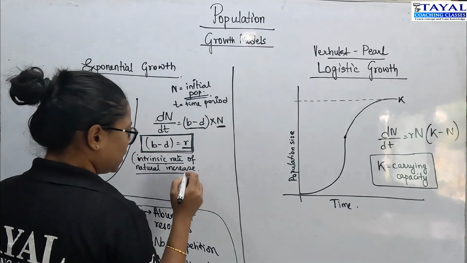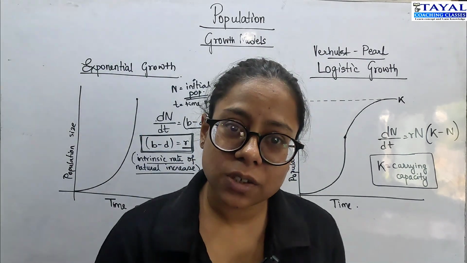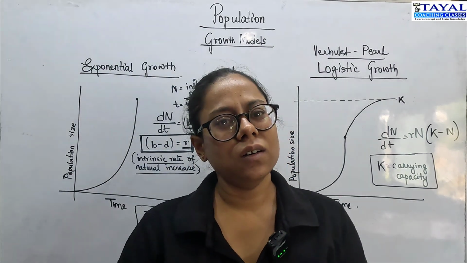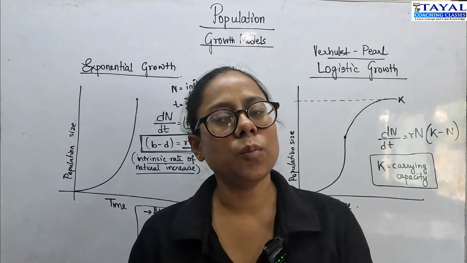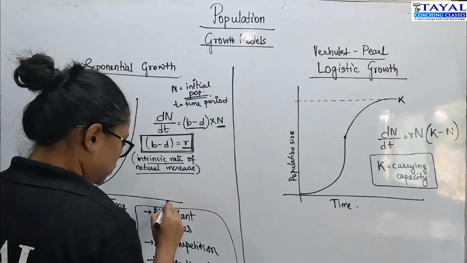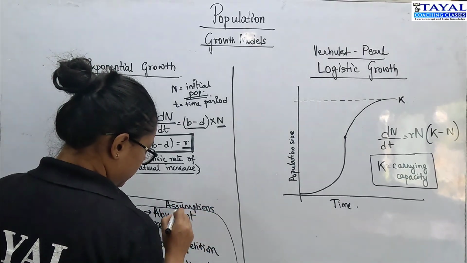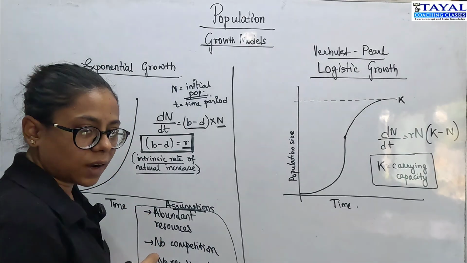What is the intrinsic rate of natural increase? So how much naturally can a species increase within a population in a given ecosystem? Because we are taking these assumptions in this case, right?